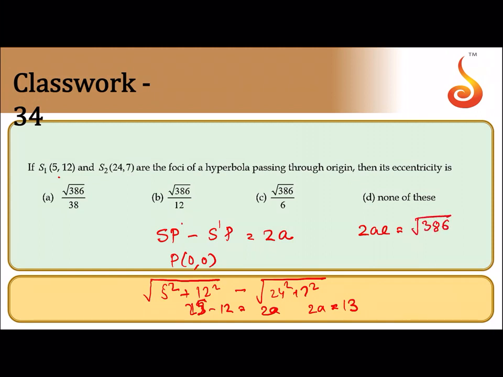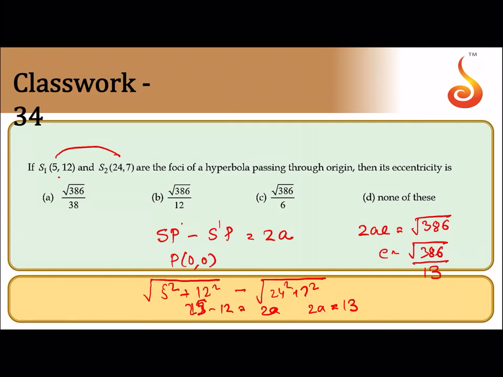2ae is the distance between the foci. So the distance between the foci will give you under root of 386, using the distance formula for S1, S2. So e will give you under root of 386 by 2a.